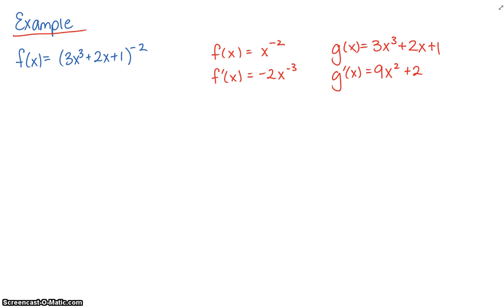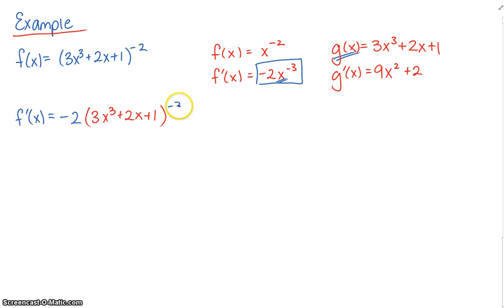Using that, we can then find the derivative of the overall function by taking the derivative of the overarching function and replacing the x with your g of x. So -2, and we're going to replace our x with 3x cubed plus 2x plus 1 to the power of -3. That whole thing gets multiplied by the derivative of what's being plugged in, which in this case is 9x squared plus 2.